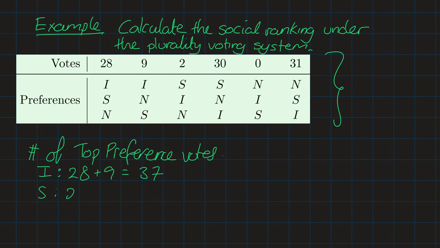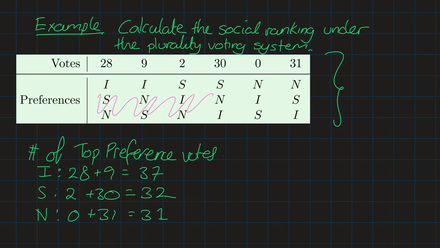S is going to get 2 plus 30, which is 32. And finally N is going to get 0 plus 31, which is 31. And notice I just ignored all of this entirely. That bit's not relevant at all when you're talking about the plurality voting system.